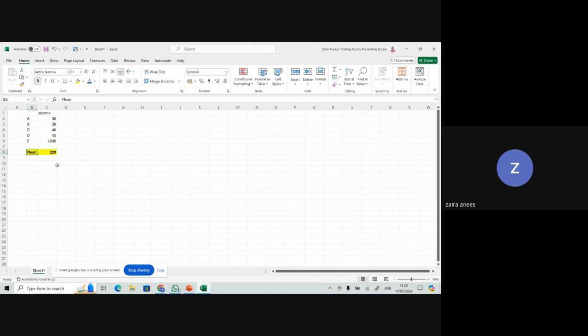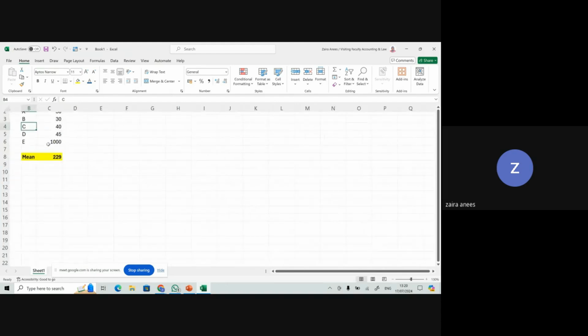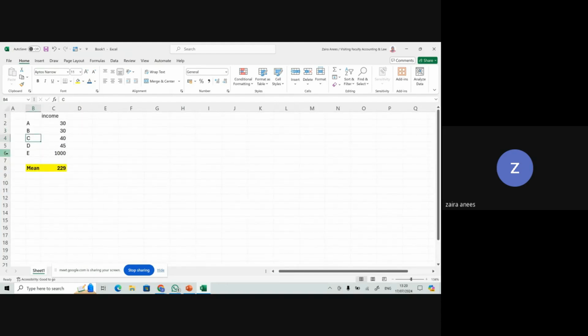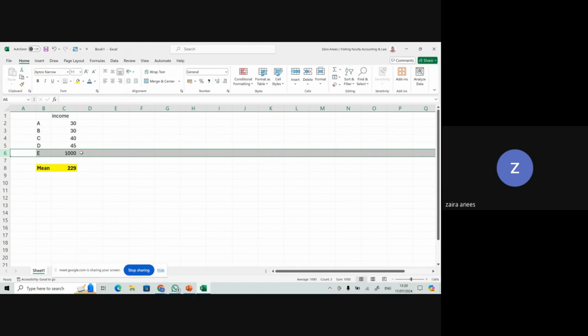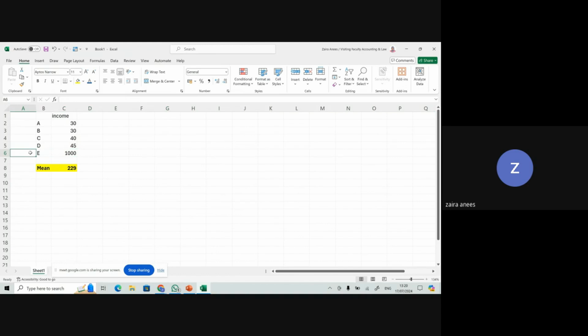In practice, if you see the income level of these people, you can easily understand that there is an outlier. This 1,000 is an abnormal figure, right? Abnormal is called outlier in statistics, right? So this 1,000 is an outlier figure. Outlier figure means that this figure is actually disturbing the average value because not everyone is earning, not even 50,000 people are earning.